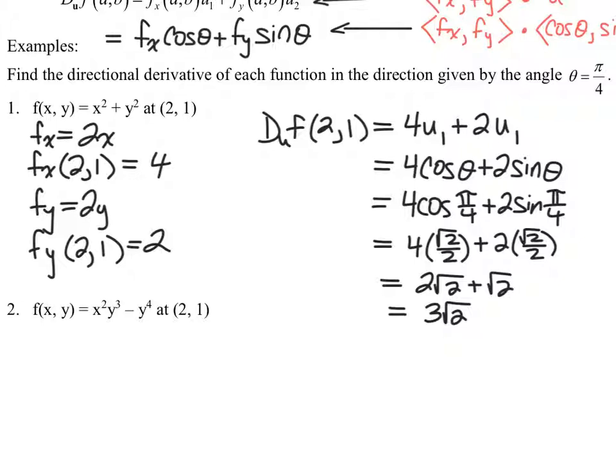So that rate of change would have a magnitude of 3 radical 2. That's what a directional derivative is telling us, that you have a vector going off from that coordinate at a particular angle. This is what the magnitude of that vector would be. The instantaneous rate of change, thinking back to Calc 1.